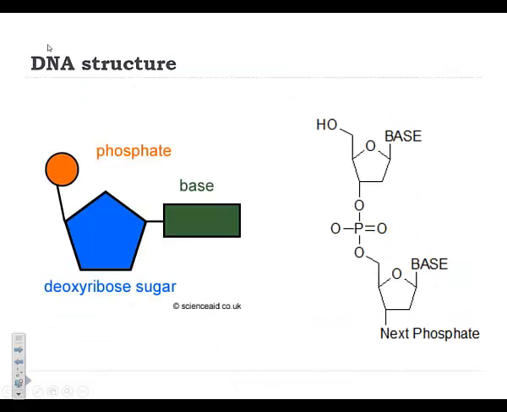So the DNA structure is a phosphate at one end, the base at another end. The way it's oriented in DNA is you have a phosphate backbone. Okay, so covalent bonds forming between one base and the next base.